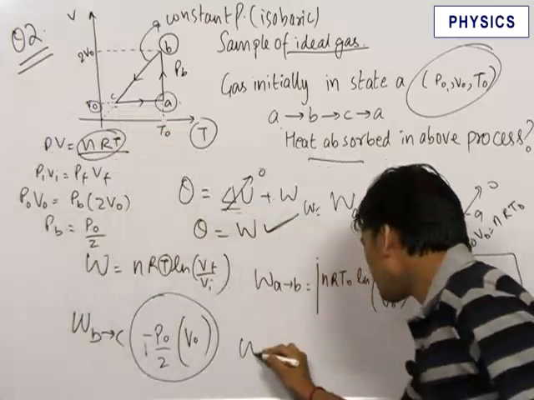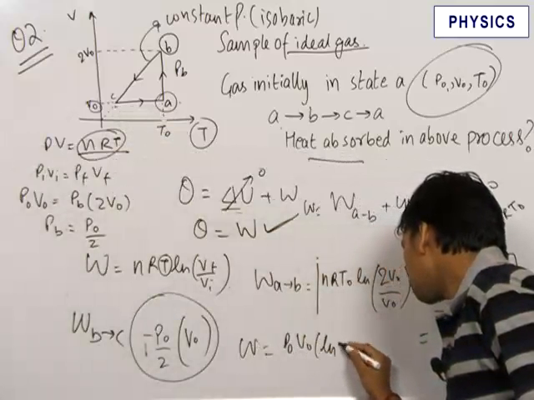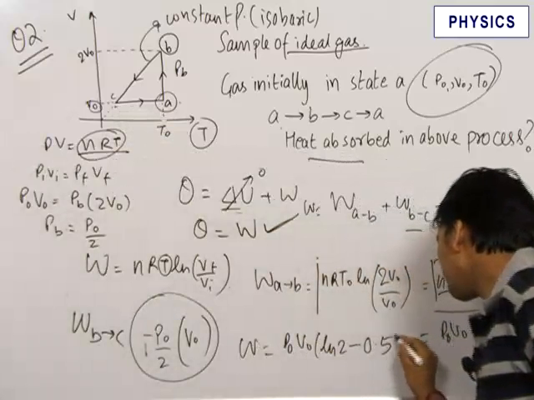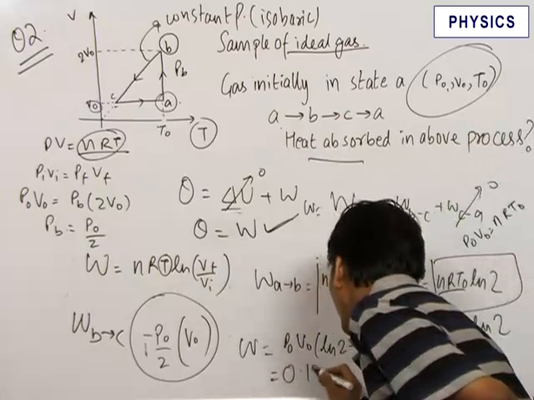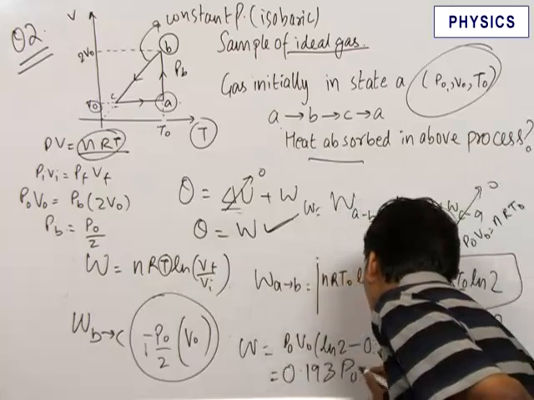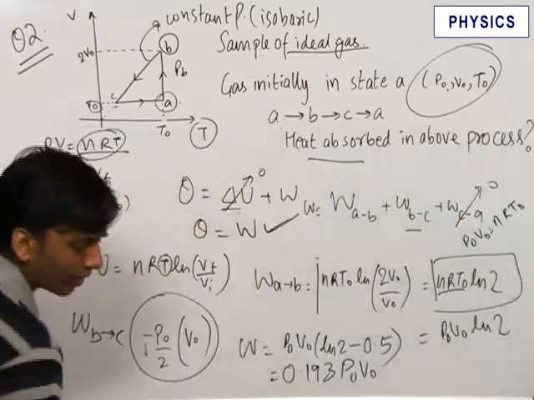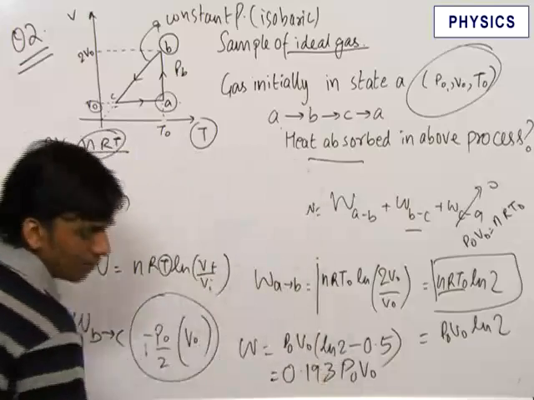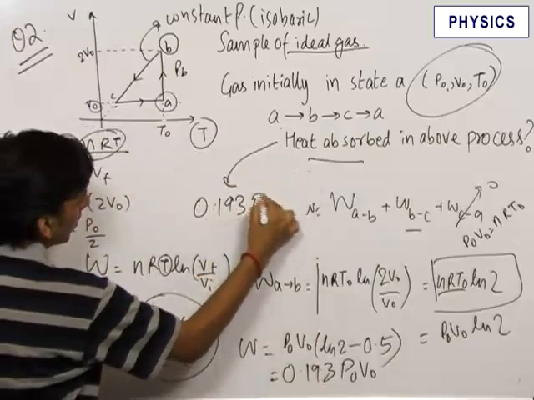Therefore, W comes out to be equal to P naught V naught times ln 2 minus 0.5. This is equal to 0.193 P naught V naught. So our final answer for the heat absorbed by the gas in the process comes out to be equal to 0.193 P naught V naught.